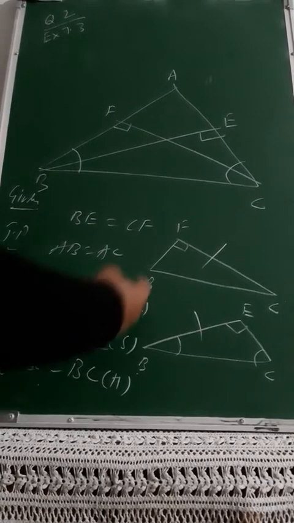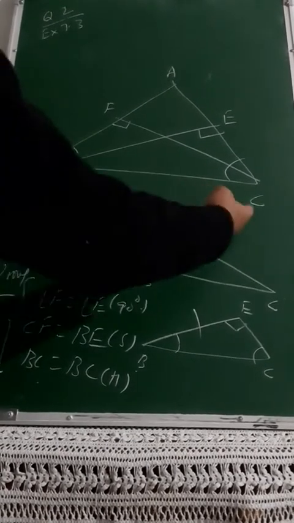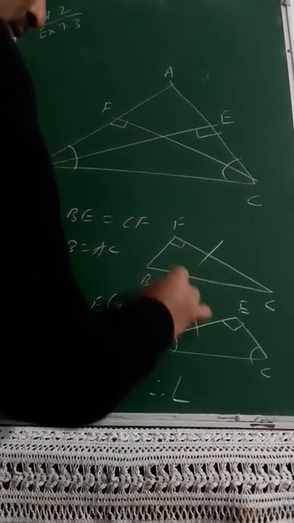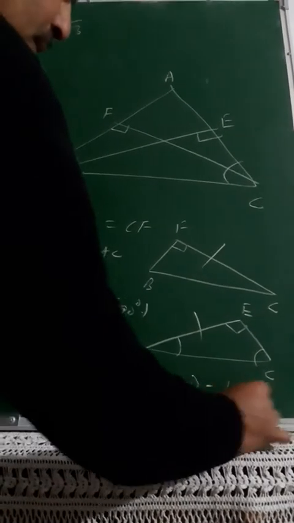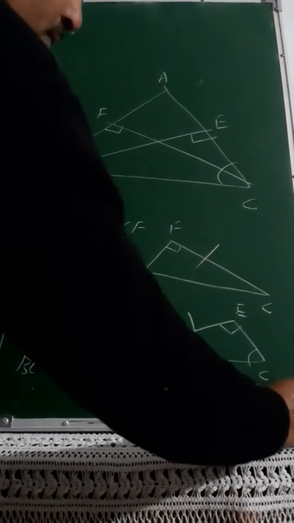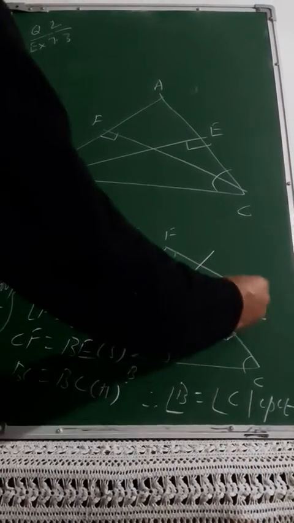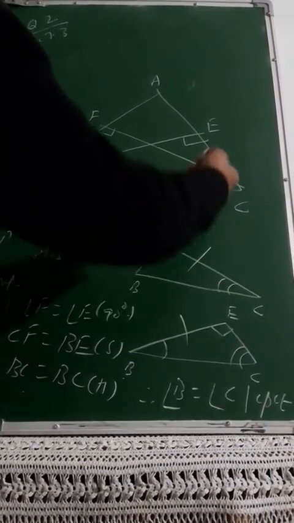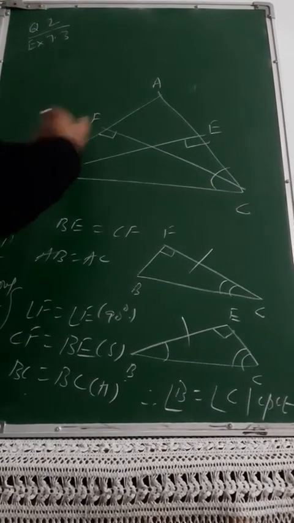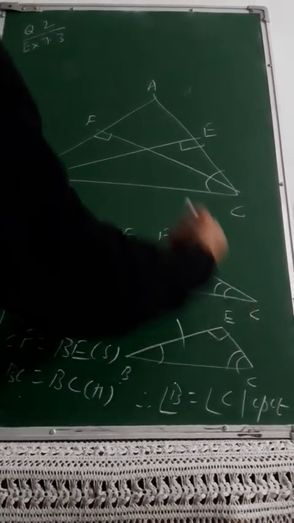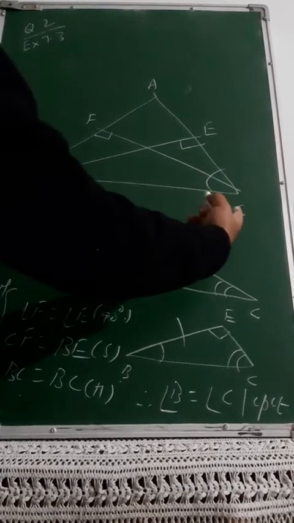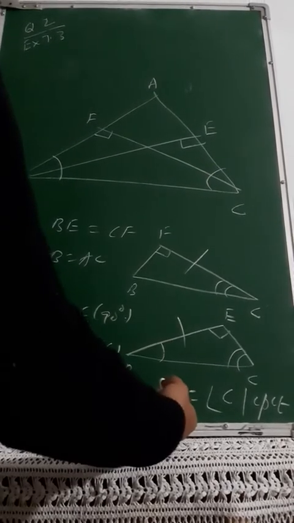So then you look for this angle FBC. Therefore can I say angle B will be equal to angle C. Why? CPCT. This angle B will be equal to this angle C. But let us read it here. If you are reading this angle FBC of this triangle, can't I say that is equal to ABC? So this is your angle ABC.